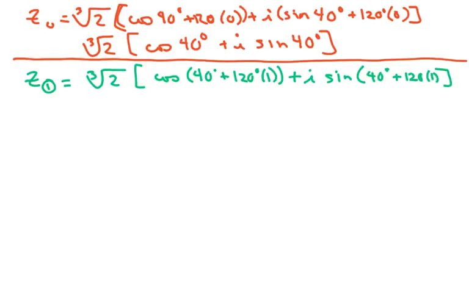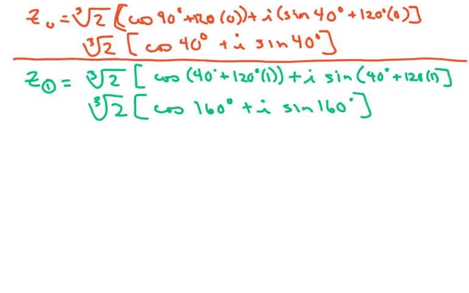You simplify that, and you're going to get cube root of 2 times cosine of 160 degrees plus i times sine of 160 degrees. All right, and we have to do one more because we're doing cube roots.